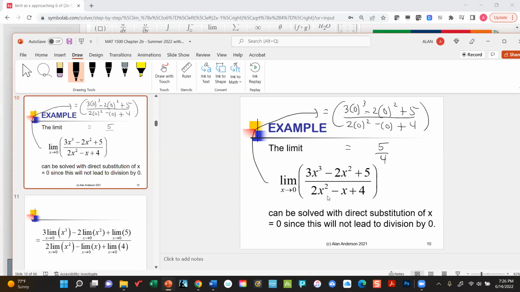Well, that worked out nicely. Almost all the terms are zeros. So it very simply reduces to 5/4.